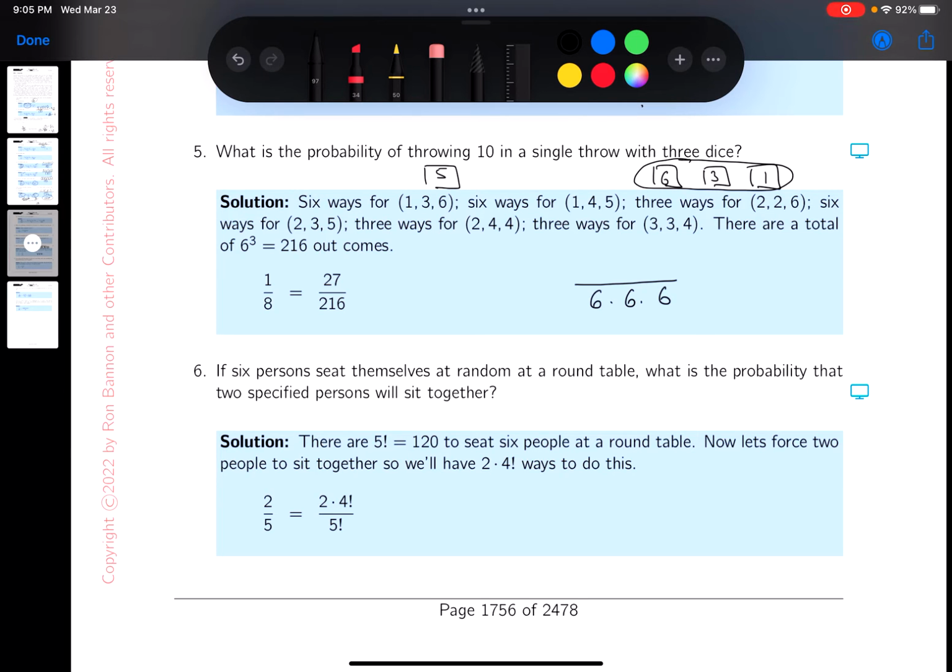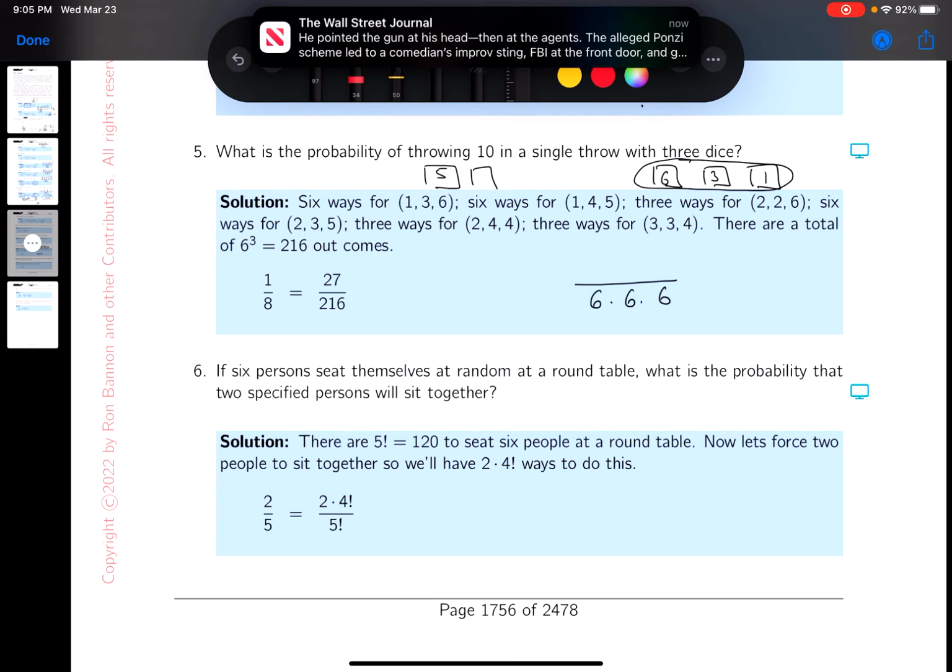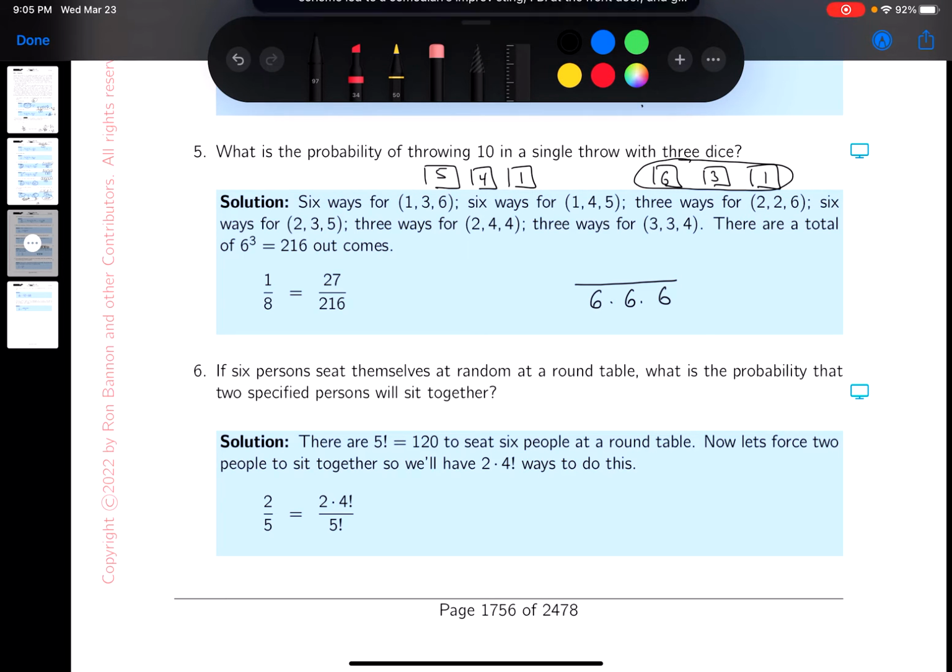I guess you could have a 4, right? And then how many choices do you have for this over here? You want a 10, just a 1, right? Right, this is another outcome. And by the way, we'll count them up later, because there's an arrangement to that, a permutation of that. So let's take a look. We got 6, 3, 1, 5, 4, 1.